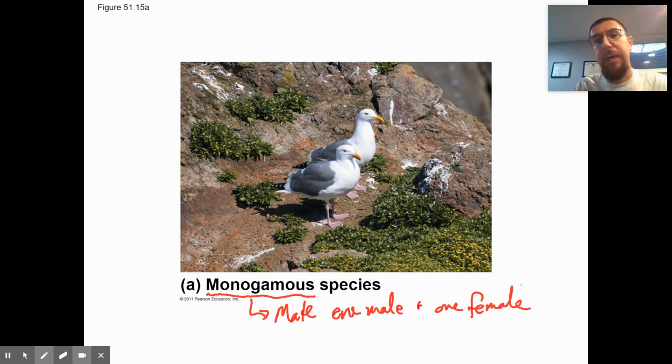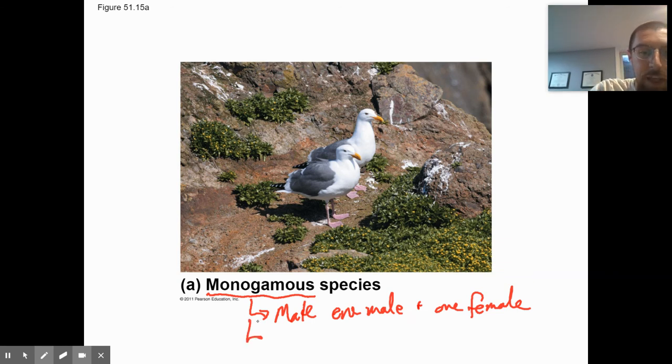They don't go and find other mates. They have offspring together and they rear those offspring together. So mate one male and one female, and I'll put under here, both take care of the offspring. Both take care.